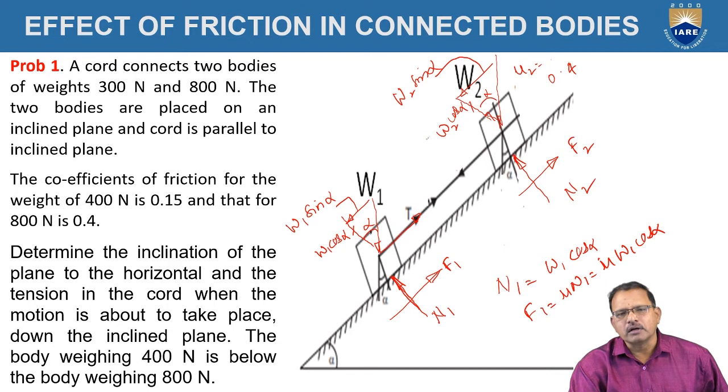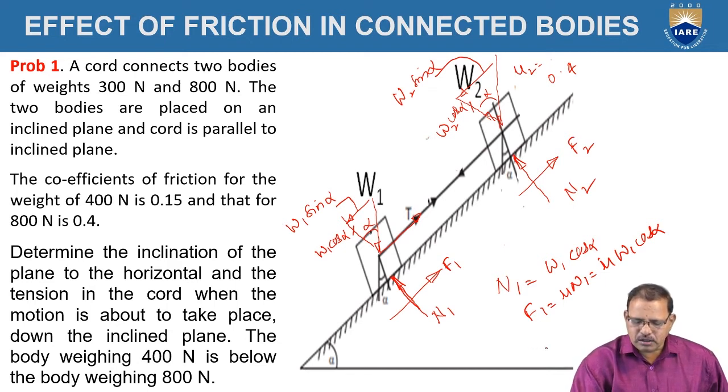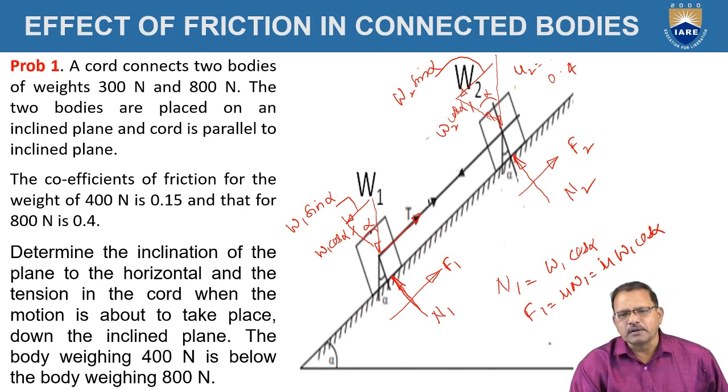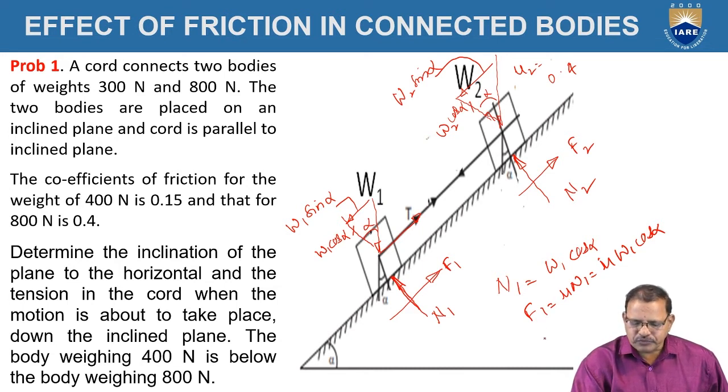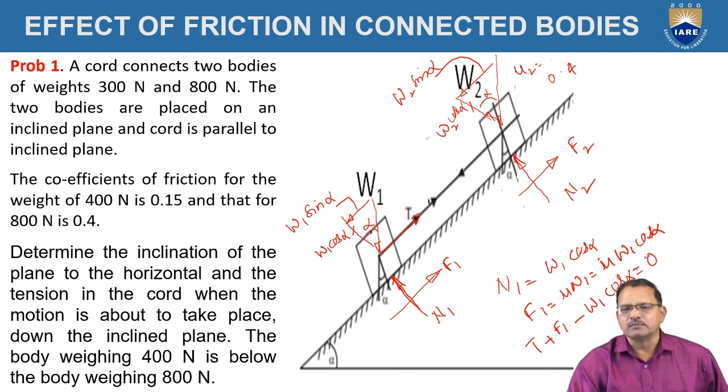The equation 1 for body 1 becomes as follows. Here the forces acting toward the right side are treated as positive and those acting down as negative. Then for the first body, T positive, frictional force positive, and minus W1 sin alpha, should be equal to 0.